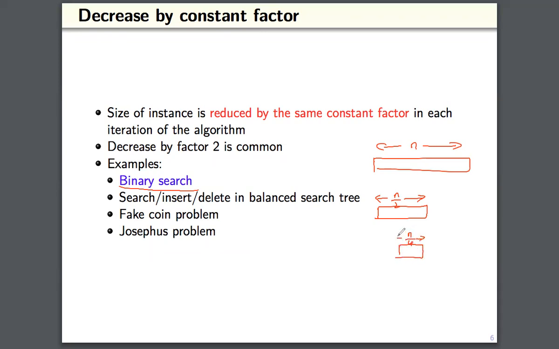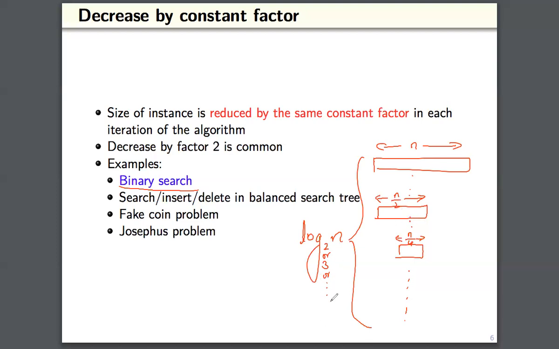The size is decreased by a constant factor, right? And so on. So if you look at it, the number of iterations or steps will be in terms of log n. It might be base 2 or 3, based on whether it is n by 2 or n by 3, right?